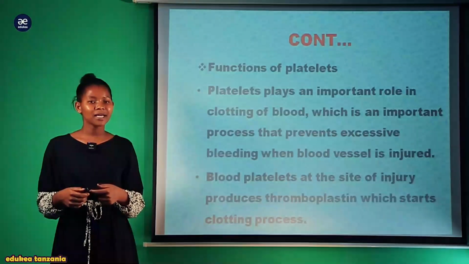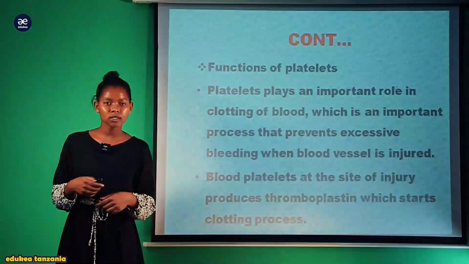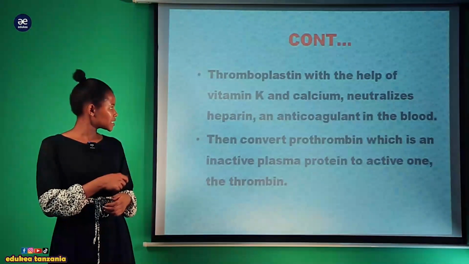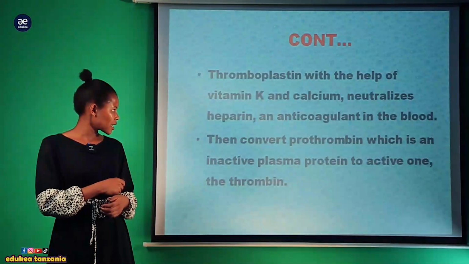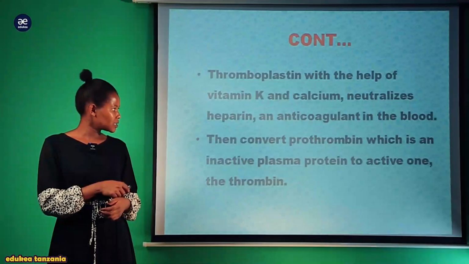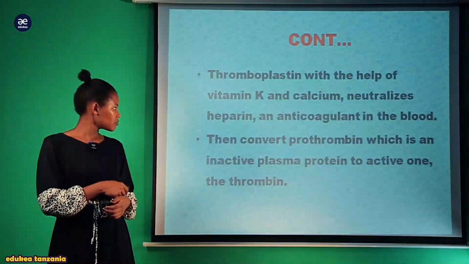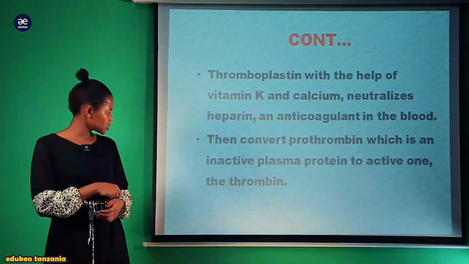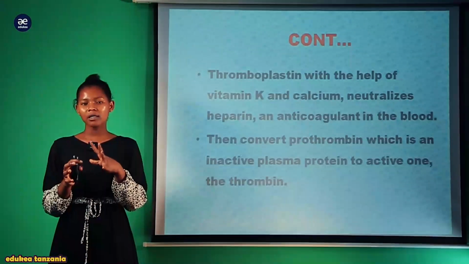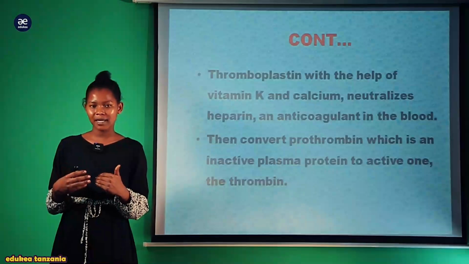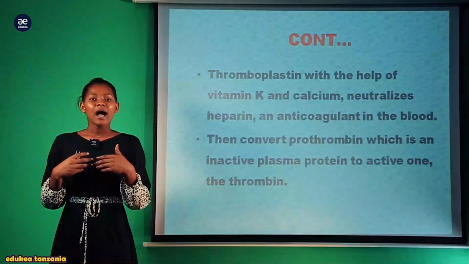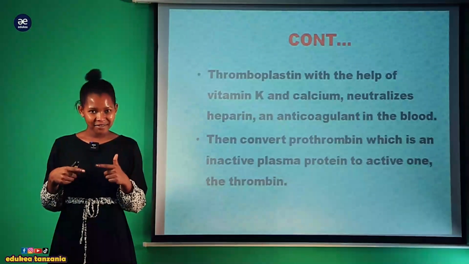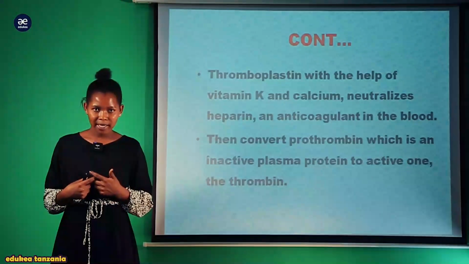And now tutaenda kuangalia how this process of clotting inakuwa. Thromboplastin, with the help of vitamin K and calcium, neutralizes heparin, an anticoagulant in the blood. Then convert prothrombin, which is an inactive plasma protein, to active one, the thrombin. Kwa hiyo the way ambavyo platelet anafanya kazi ni kwamba anaenda ku neutralize ama ku inactivate anticoagulant kwenye blood.